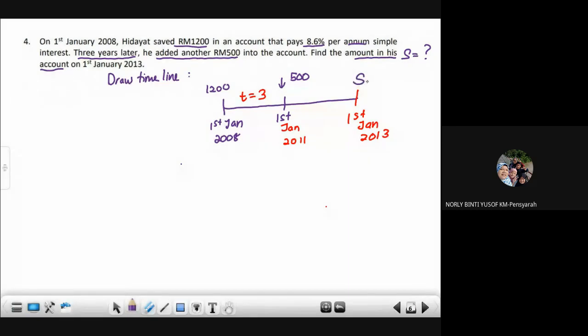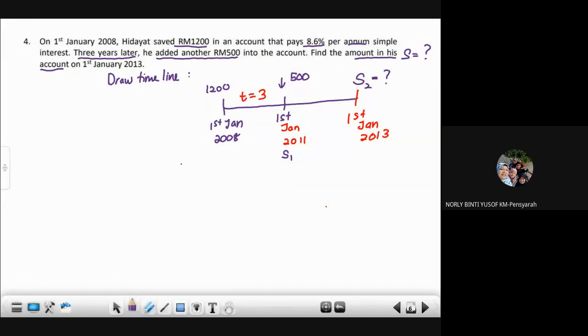So what is your value for your S? Okay, ini S yang terakhir lah. So kat sini kena tahu S berapa. Ni S1, ni S2. Because sum after 3 years is the total money berapa.